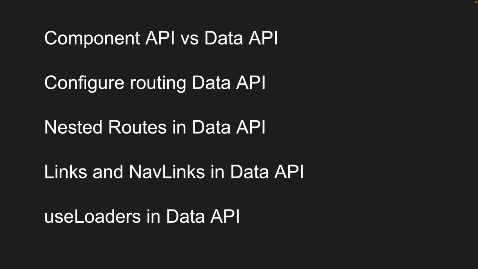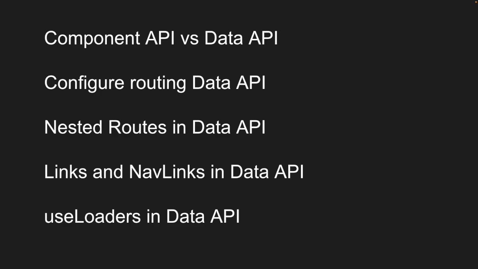But in data API, we create a specific JSON, and that JSON will control and configure all our routing mechanisms. That's where we came up with configuring the routing mechanism in data APIs. We also spoke about nested routes in data APIs. In earlier videos, we spoke about nested routes in traditional APIs. Now we spoke about nested routes in data APIs.